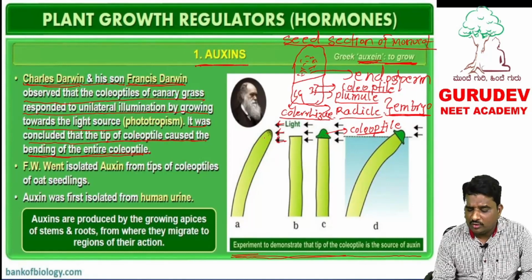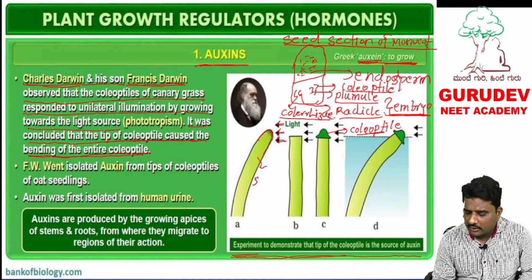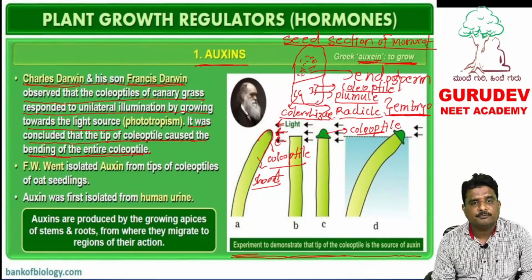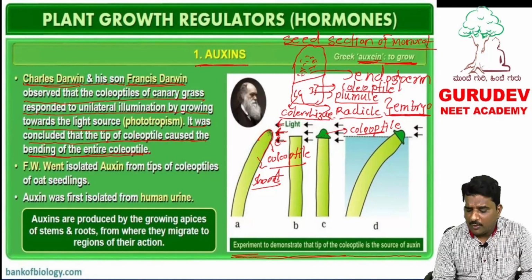The coleoptile grows towards the light source; it will bend. This entire coleoptile, that means the tip of the shoot. This is the shoot. This shoot tip has the coleoptile. When illuminated with unilateral light, it bends towards the light.